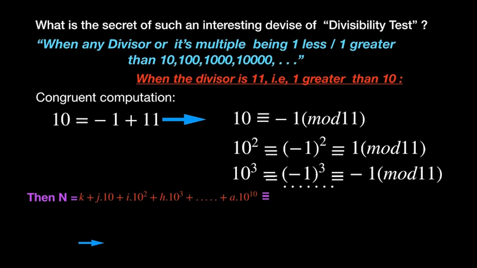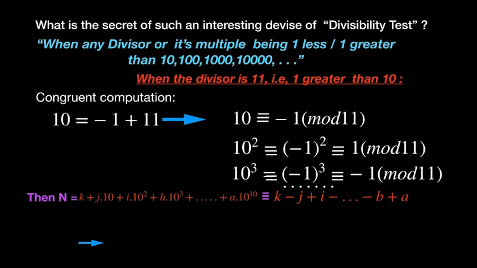We will get the remainder value k plus j into 10 plus i into 10 square plus h into 10 cube, and so on, plus a into 10 to the power 10, and when we put the remainder values of the various powers of 10, then we will get k minus j plus i minus h plus g minus, and so on.